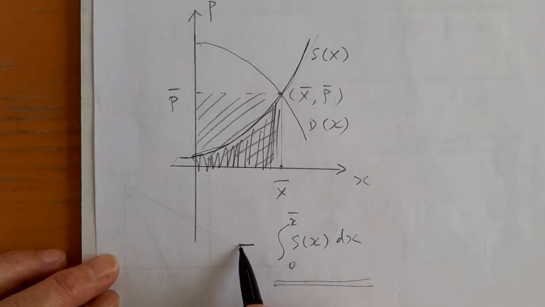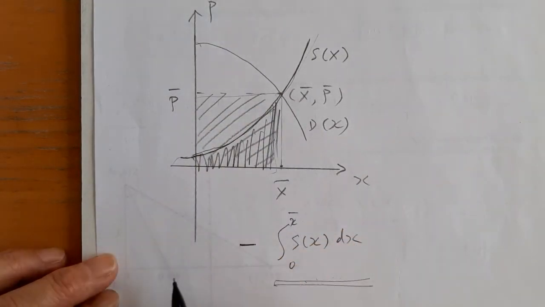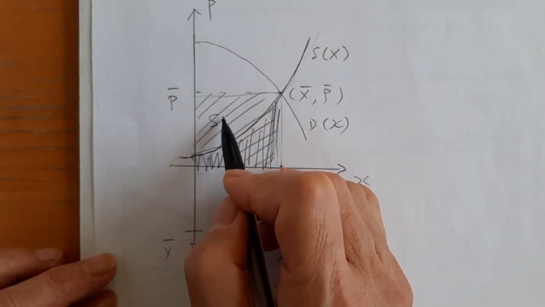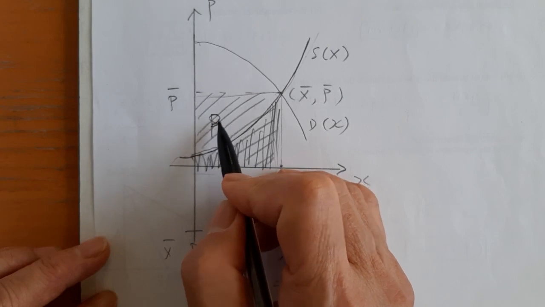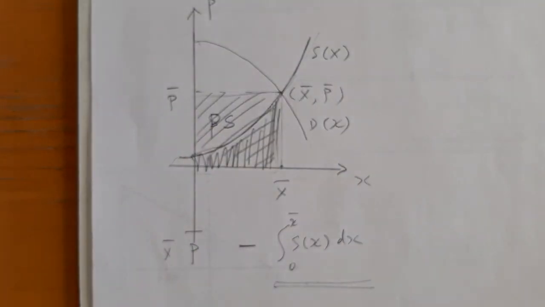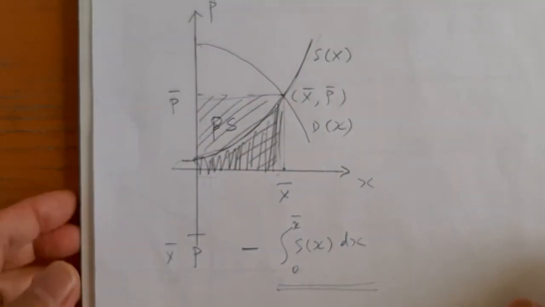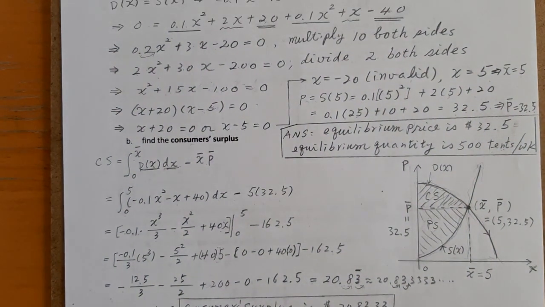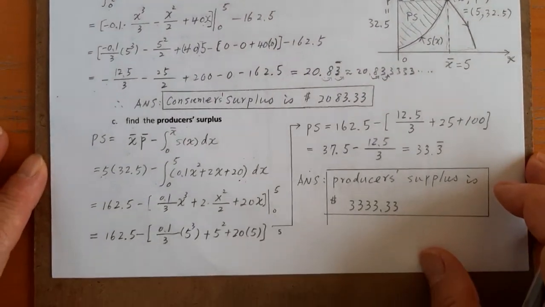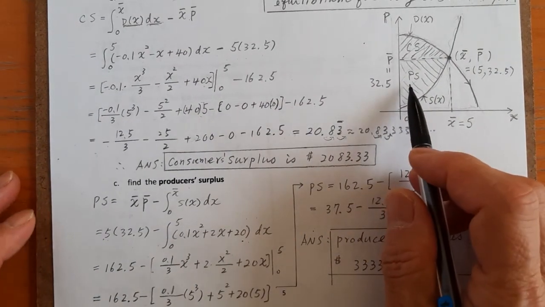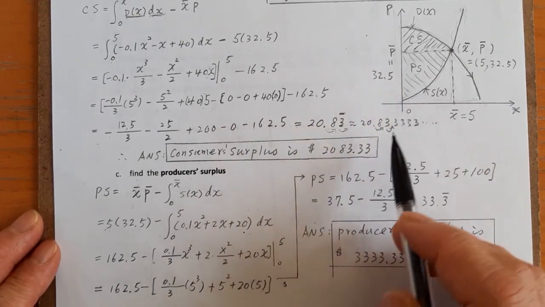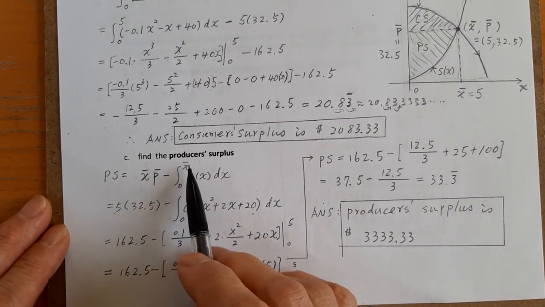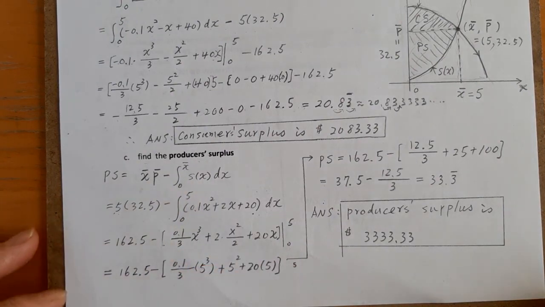It's a surplus, but what is actually earned is x bar times p bar, this one, and so we get the producer surplus. So the producer surplus is x bar p bar minus the integral from 0 to x bar of s of x dx.